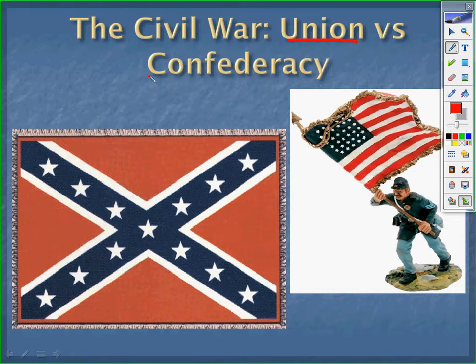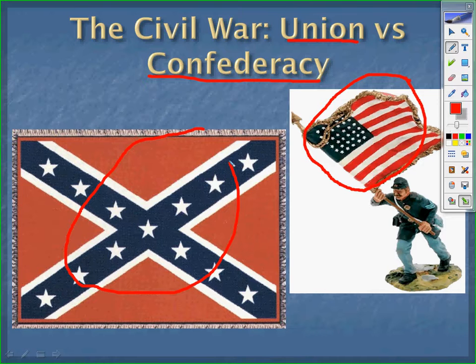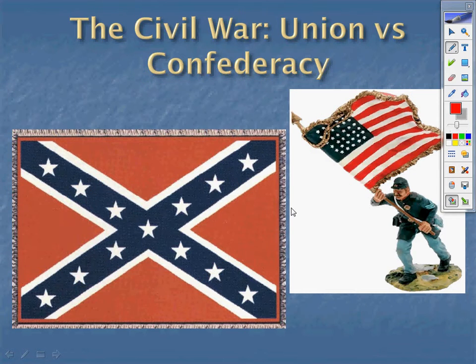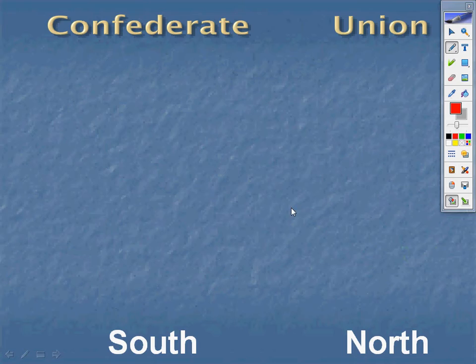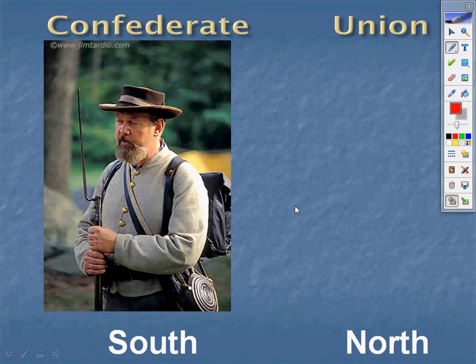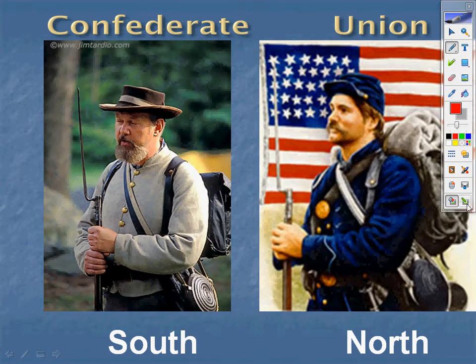So the Union and the Confederacy, and we see their flags here. So we see the American flag here for the Union, and we see the Confederate flag here, which is known as the Stars and Bars, or their battle flag. We see some clear differences between the Confederacy and the Union.